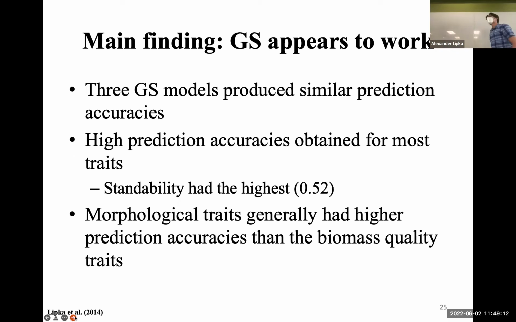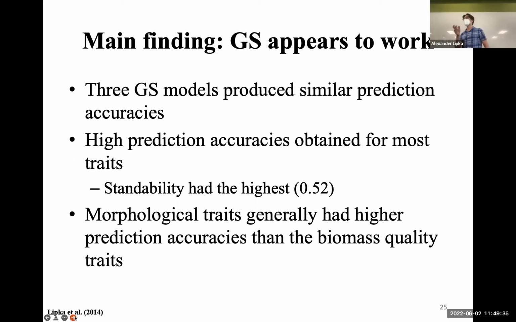Well, there was a paper from 2010 that I always cite whenever I talk about this. The advantage of genomic selection is that you can achieve multiple cycles of selection per unit of time relative to phenotypic selection.